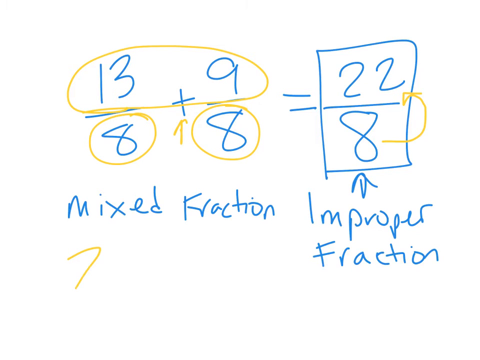So 8 goes in two times, so this is my big number. 8 times 2 was 16, so I'm going to subtract 16 from that 22, which is 6, and then I just rewrite my common denominator. Now this is a mixed fraction. However, it is still not simplified because I can reduce this fraction.